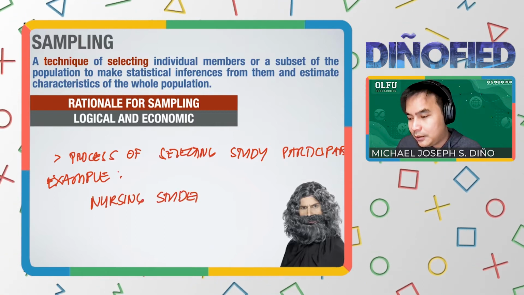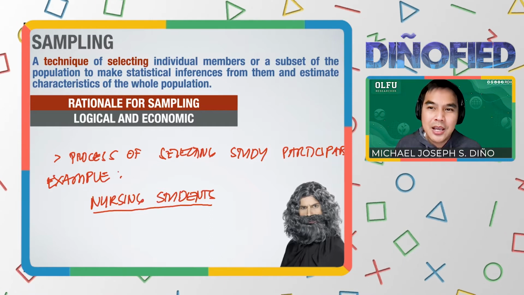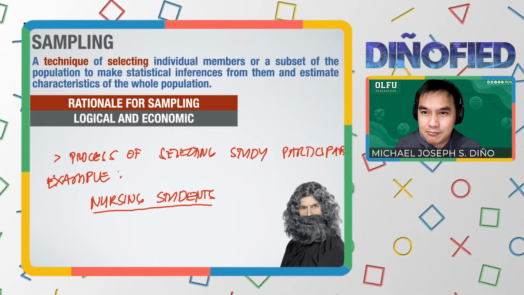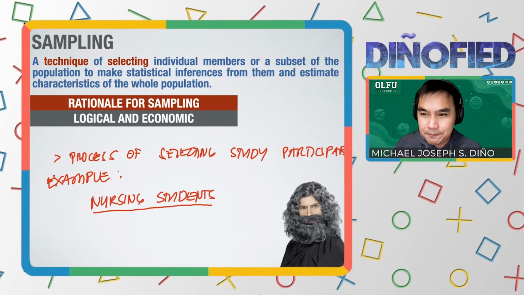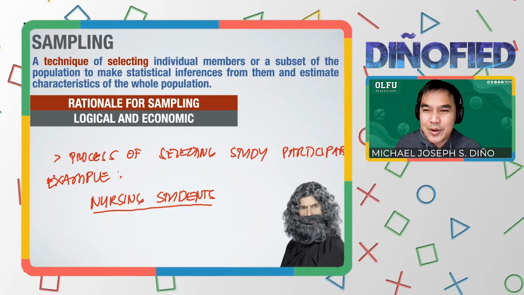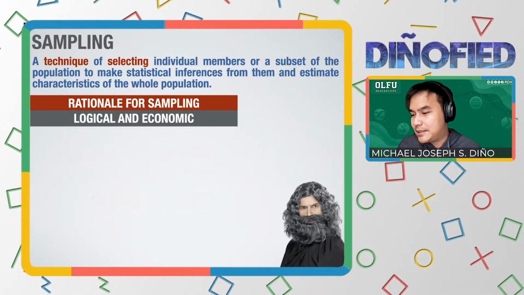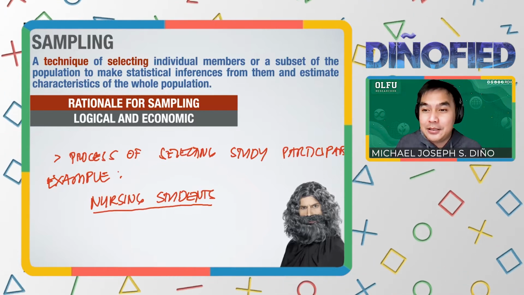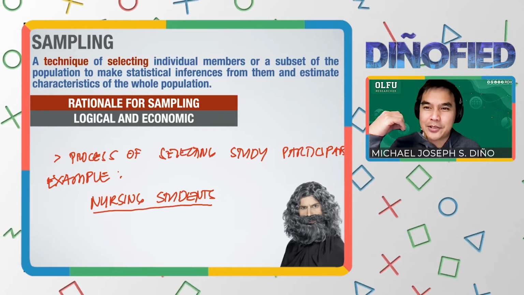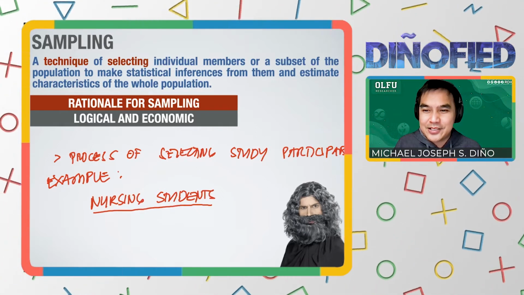Your study will involve nursing students. Question: are you going to include all nursing students in the Philippines? So, for example, your study, just like what we mentioned, is going to involve nursing students.